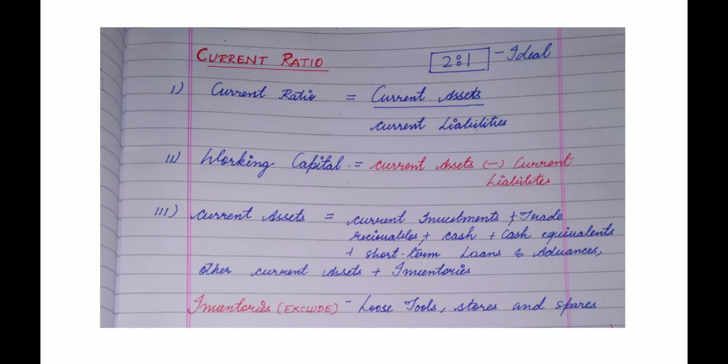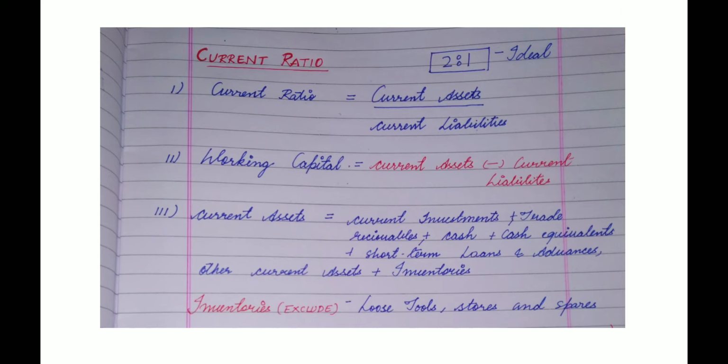Okay, what is working capital? How can you find working capital? Current assets less current liabilities is equal to working capital. Okay, current assets include current investments, trade receivables, cash and cash equivalents, short-term loans and advances, other current assets and inventories.